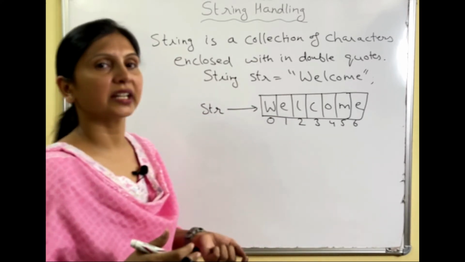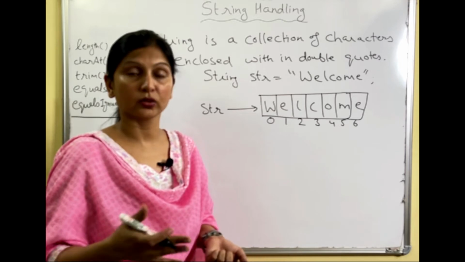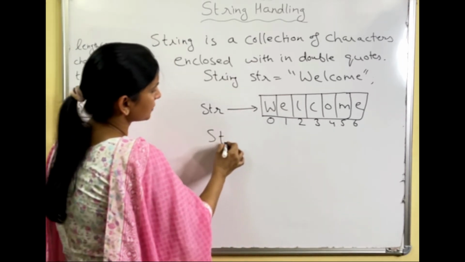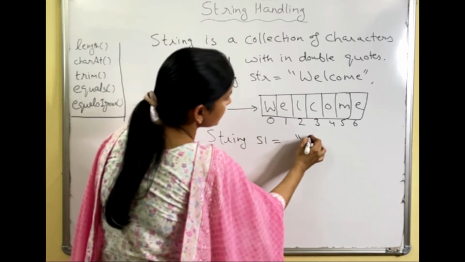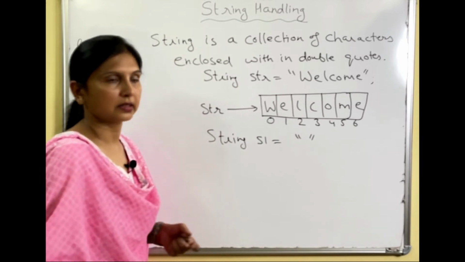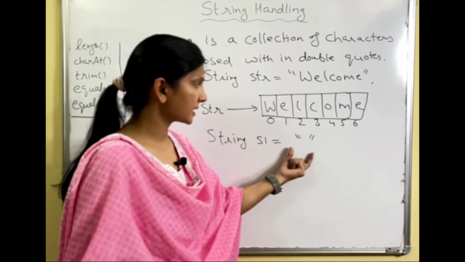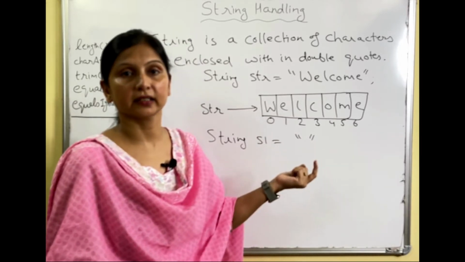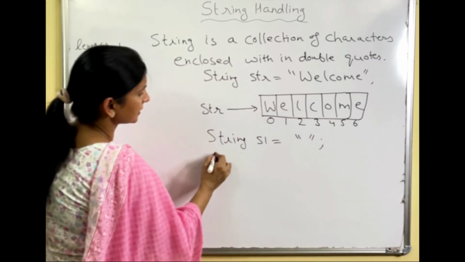Now the question arises, can there be any string without any character, or with 0 characters? Suppose I write string S1 equals to "", this represents blank, okay? So yes, you can represent a string without any character, and this string is called an empty string.